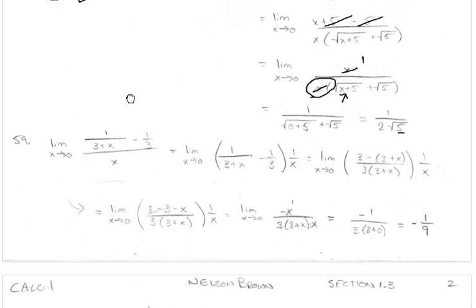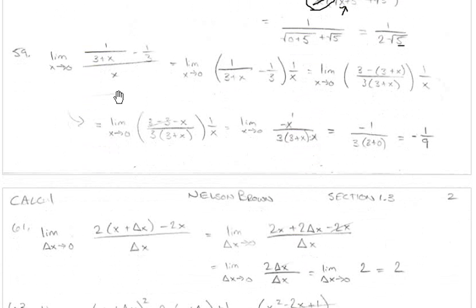Let's see. In number 59 we have 1 over 3 plus x minus 1 over 3, and all of that over x. One thing that we can do right here is recognize that we have division and we have fractions in the numerator. Normally we just want everything in terms of one fraction; that's a little bit easier to work with. Every quantity in the denominator can be written as a fraction itself, as x over 1.